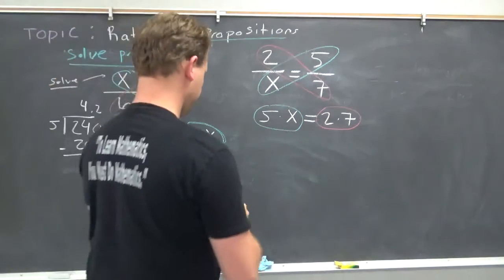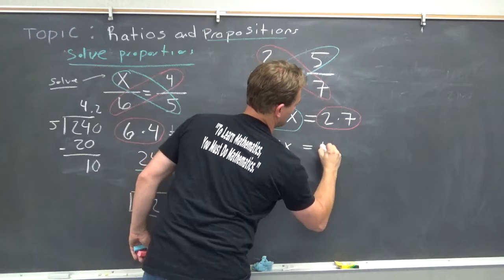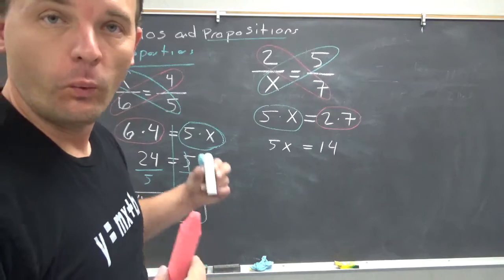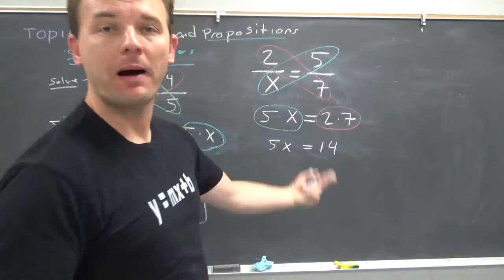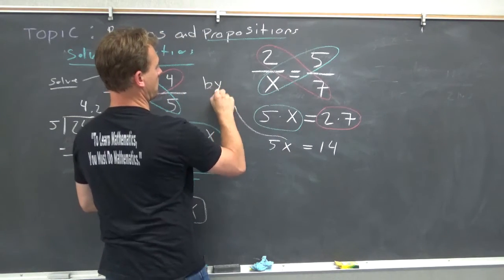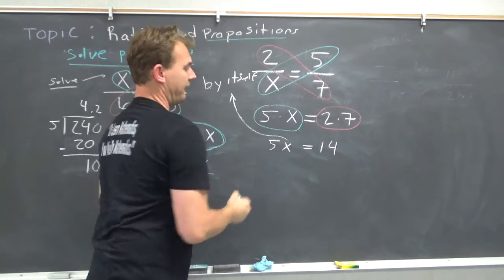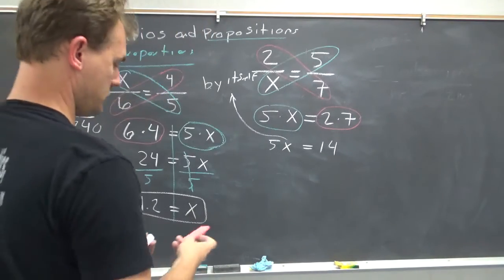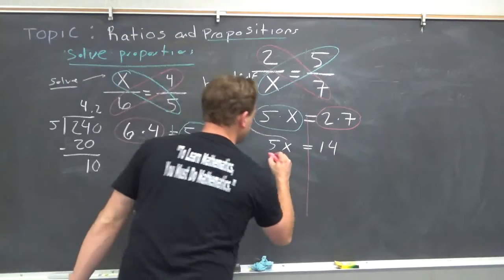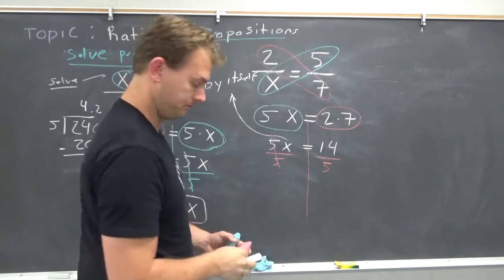So now, what do we do now? We have to get the x by itself. So we're going to draw our line. That goes to 1.